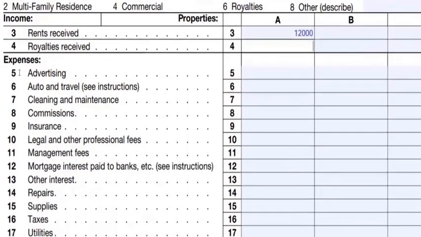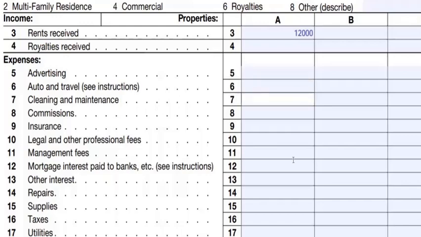Now straight away it is going to expenses. If you have a property and have received some amount as rental income, obviously there are going to be expenses. So maybe to rent out the property you advertised, right? You spend some money on advertising. If you have auto or travel related expenses, they will be written here. Then there are cleaning and maintenance costs.